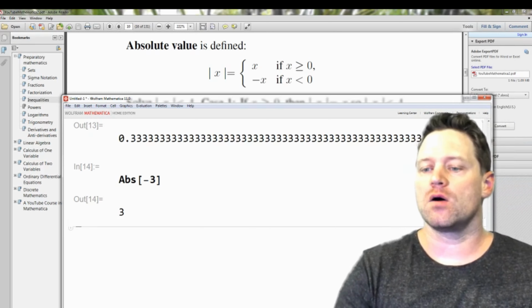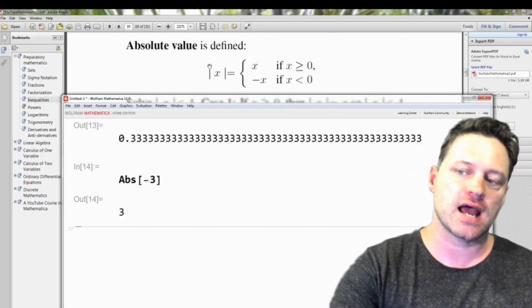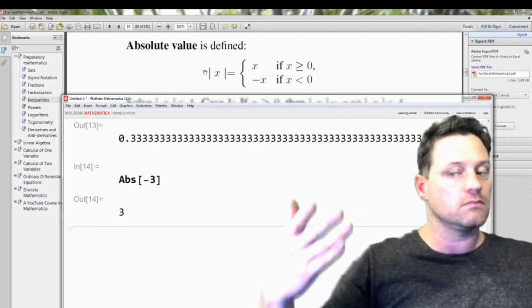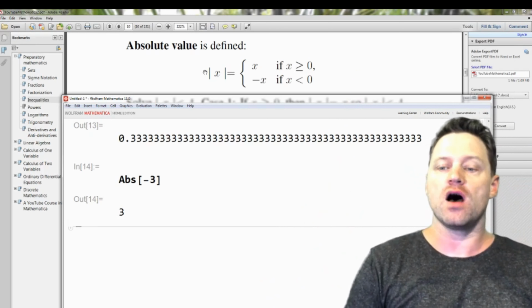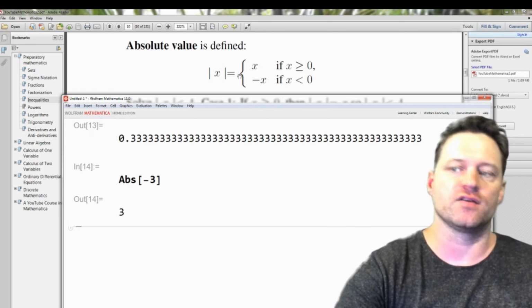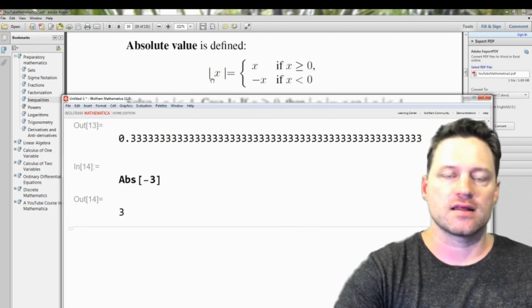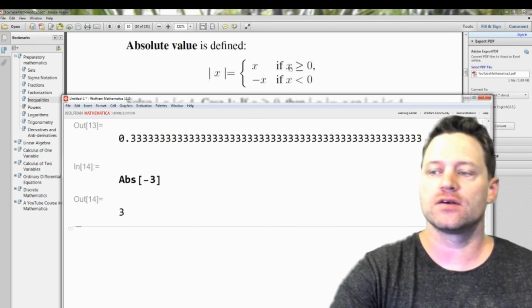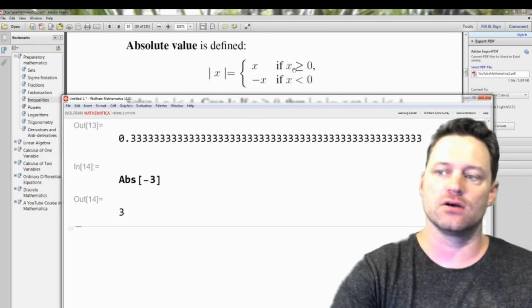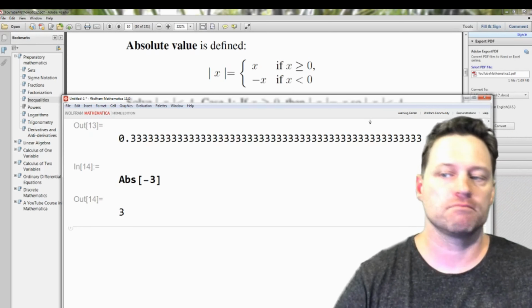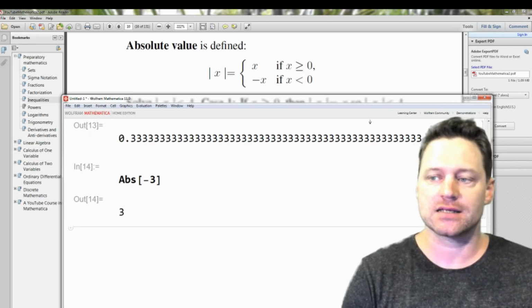Now in mathematics, it has vertical bars on either side of the thing you're taking the absolute value of. So we can write this as a piecewise function and say that the absolute value of x is equal to x if x is greater or equal to 0. So in other words, a positive number or 0, then absolute value of x is just x.